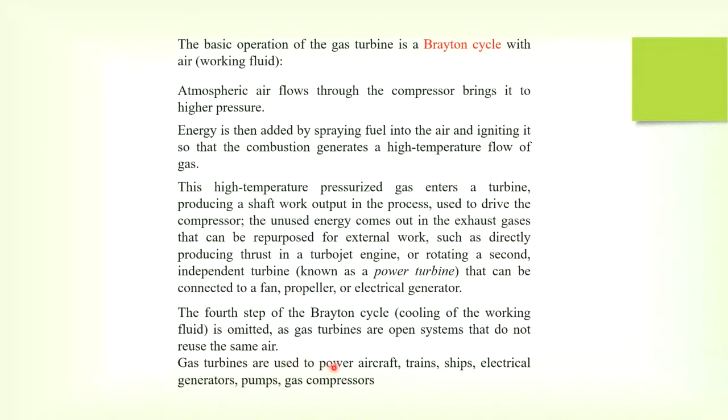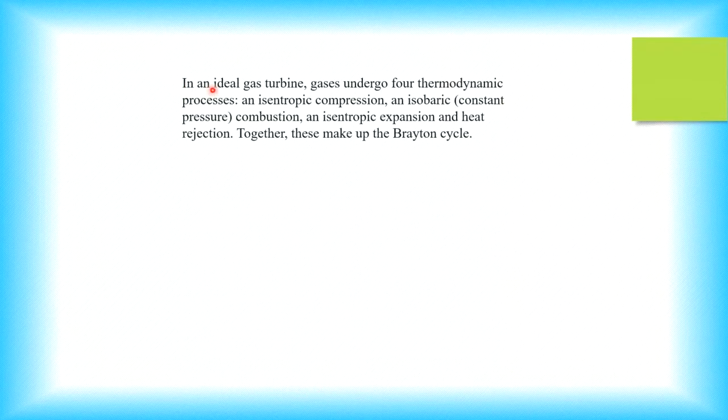Gas turbines are used to power aircraft, trains, ships, electrical generators, pumps, and gas compressors. So in an ideal gas turbine, gases undergo four thermodynamic processes, which we have done earlier in the earlier part of gas cycles, which we call the constant pressure cycle.